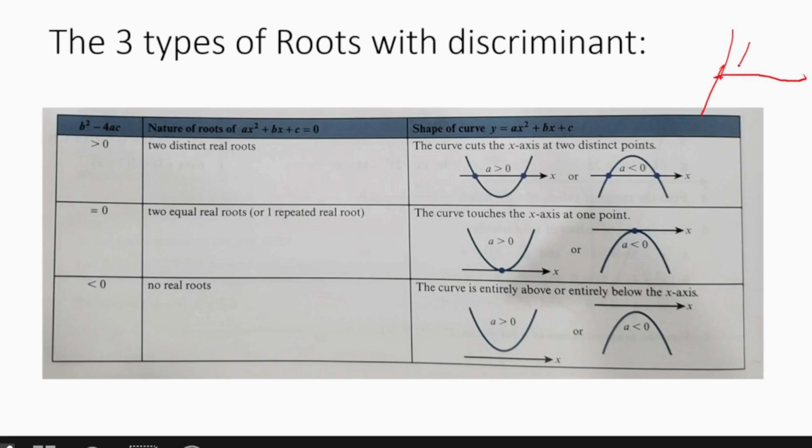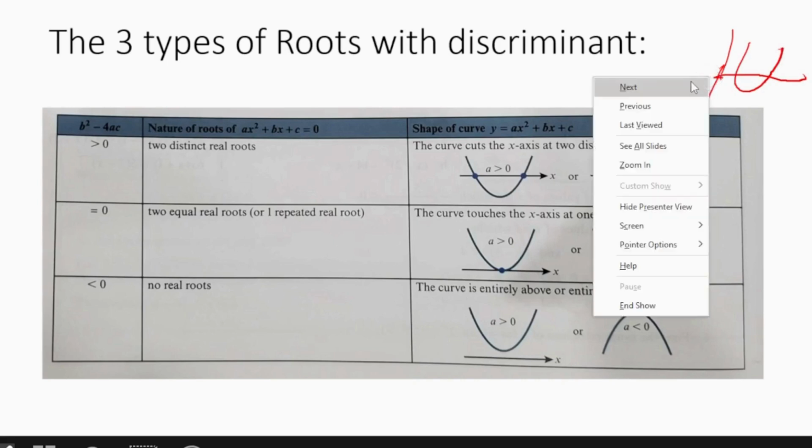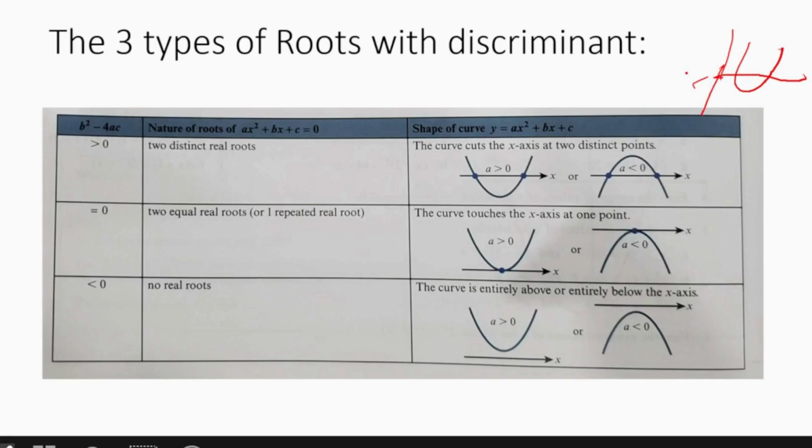This means that the coefficient of x², a, is greater than 0. Remember, 0 was over here. As you can see, the second one is equal to 0. It gives you 2 equal roots, or basically one answer that will be equal for both, and then there is less than 0, which gives you no real roots. As you can see, it is not intersecting with the curve.